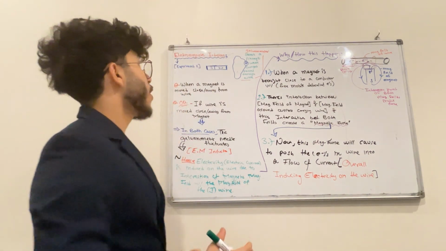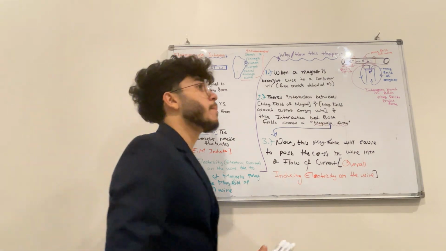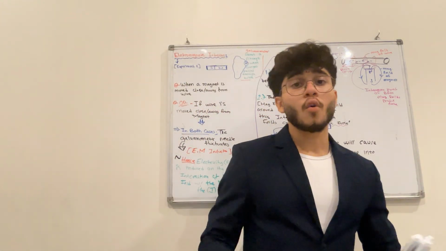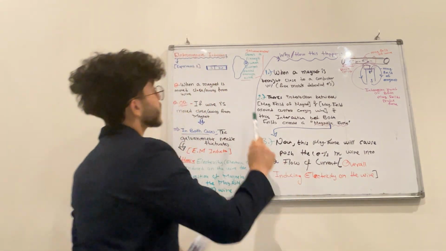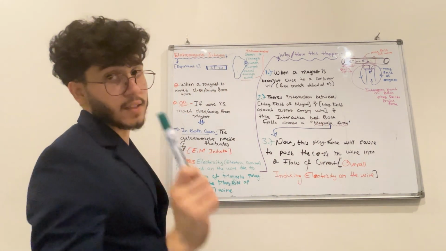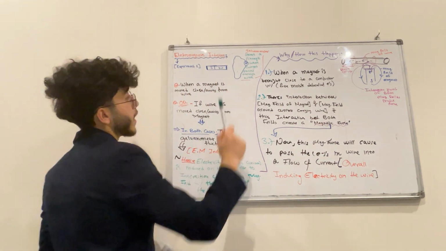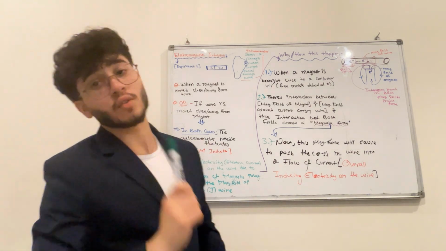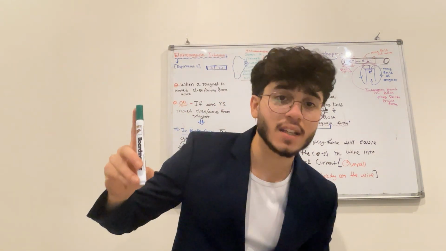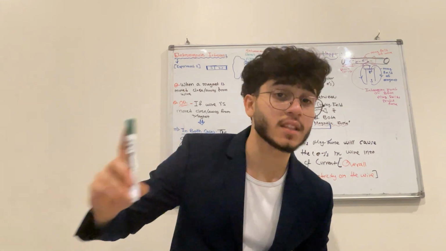Okay? Now, after some discoveries, we found out that the main cause of electromagnetic induction was when the magnet's magnetic field interacted with the magnetic field of the wire. Do not forget, from the first episode till now, we have been saying any single current carrying wire has a magnetic field around it.